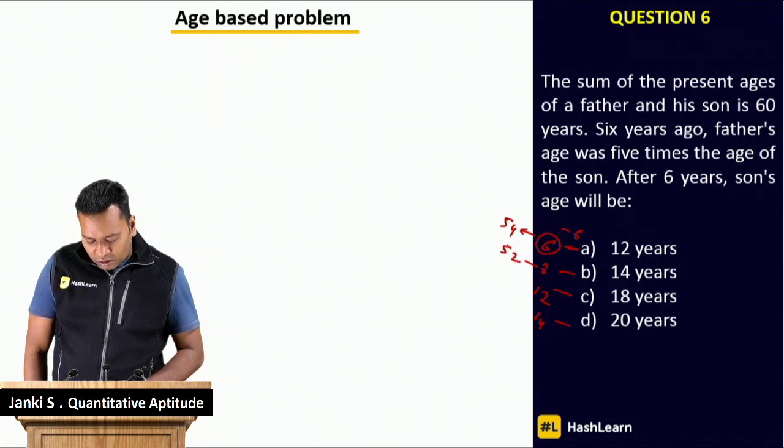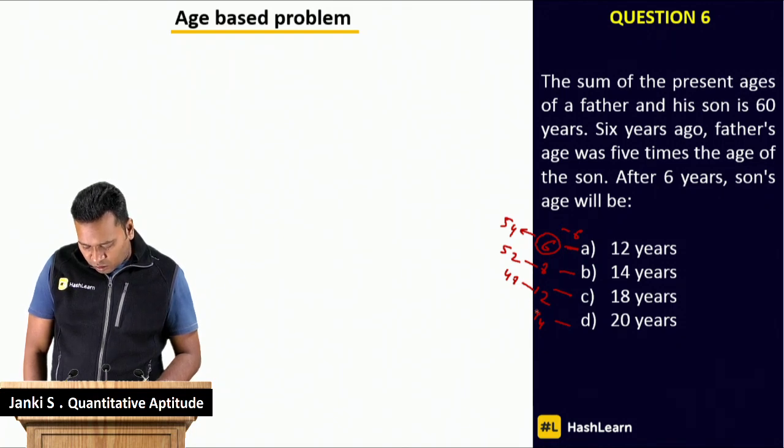Let's subtract 6, not possible here. From 12, it's about 48. Let's subtract 6 from this. Then again 5 times the son's age, no, it's not possible here.